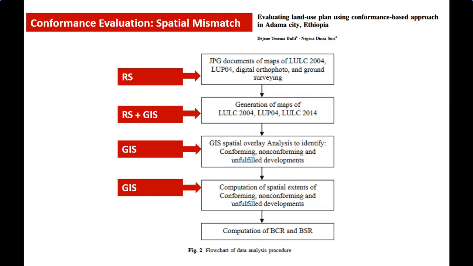In percentage, maybe also 5%, 5 kilometers out of 100 kilometers, the mismatch between the plan and the road infrastructure actually implemented.